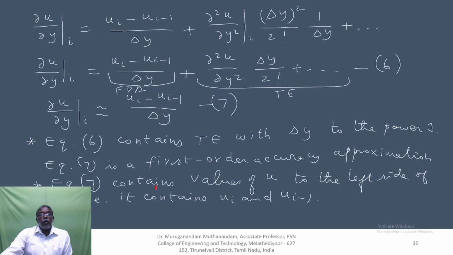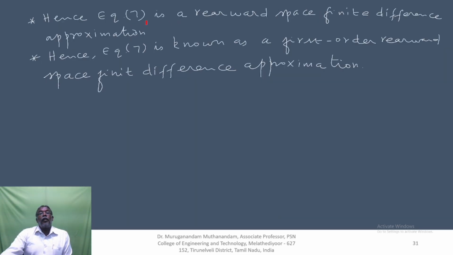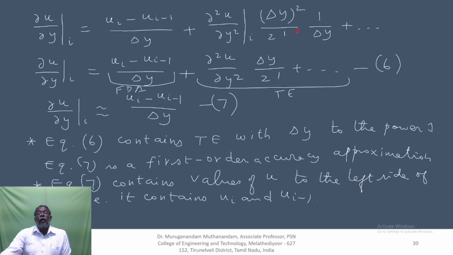That is, equation 7 contains the values of u to the left side of I, that is, it contains u_i and u_{i-1}. Hence, the equation is called a rearward space finite difference approximation. It is an approximation because we have neglected the various terms on the right hand side of equation 6. It is a finite difference quantity because it contains the difference between two finite quantities u_i and u_{i-1}.